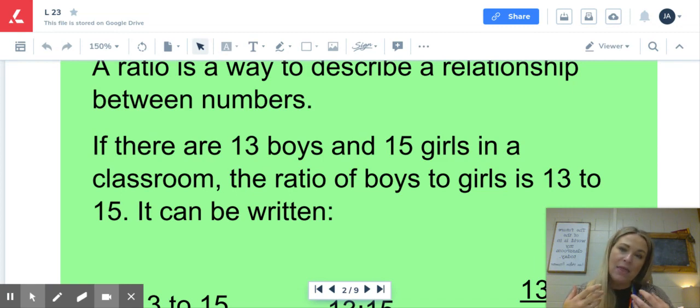Oftentimes you'll see they'll give you one piece of information first and then ask you for a different piece of information first. For example, they might say there are 13 boys and 15 girls. What is the ratio of girls to boys? So they'll try to trick you. So always be paying attention. Whatever they ask you for first, that number must come first.